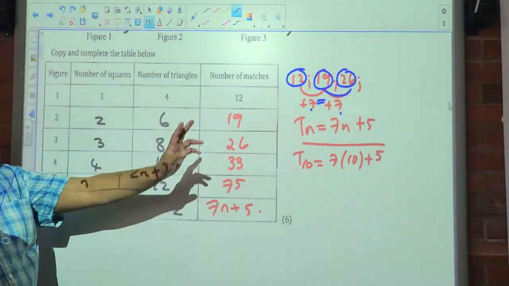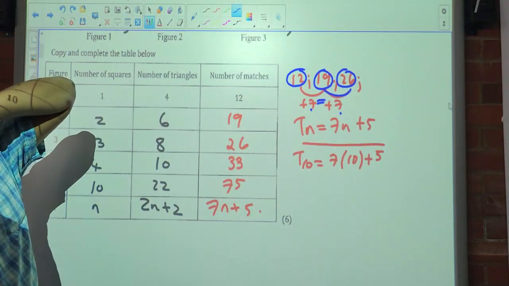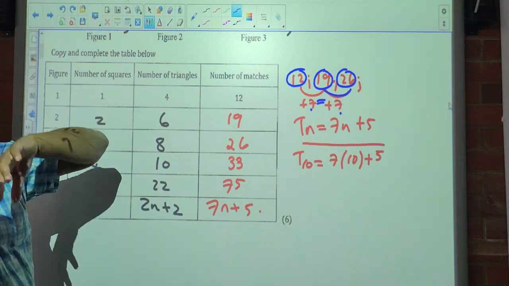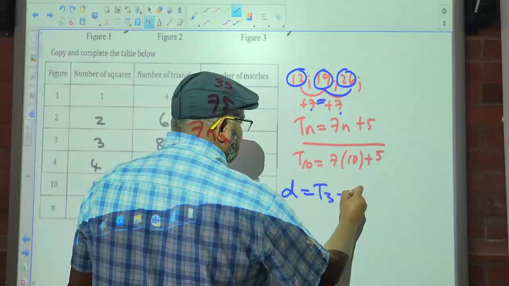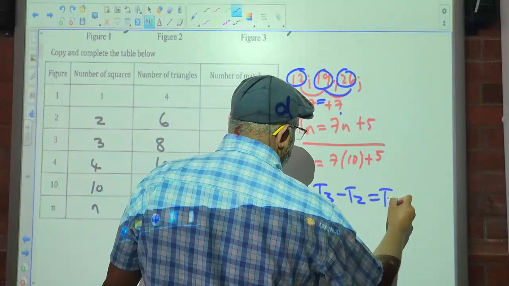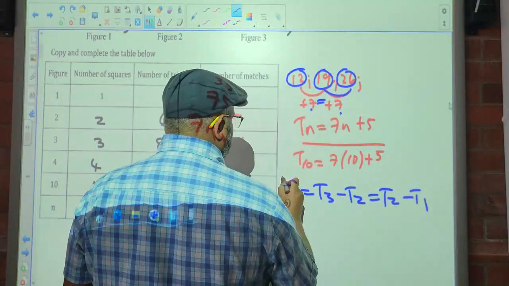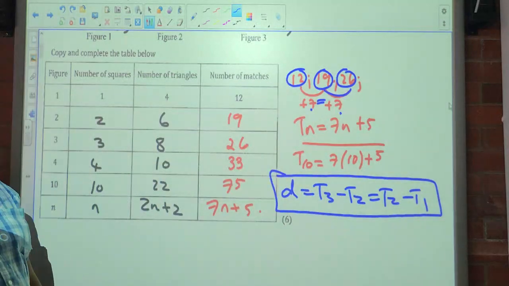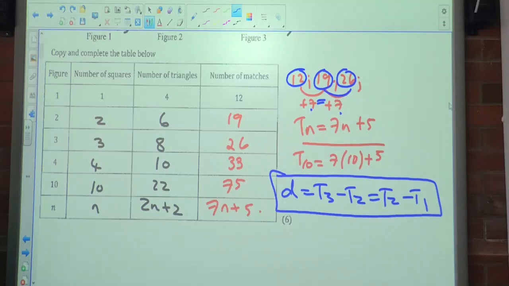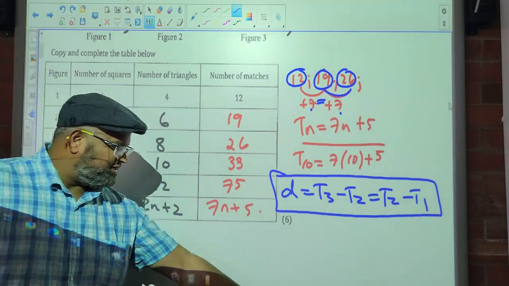It's equal because it's arithmetic. Can you see that? So if I write that in general terms, your common difference will always be term 3 minus term 2, which is equal to T2 minus T1. You can make a note of that. When we did number patterns, the topic, we spoke about that already.